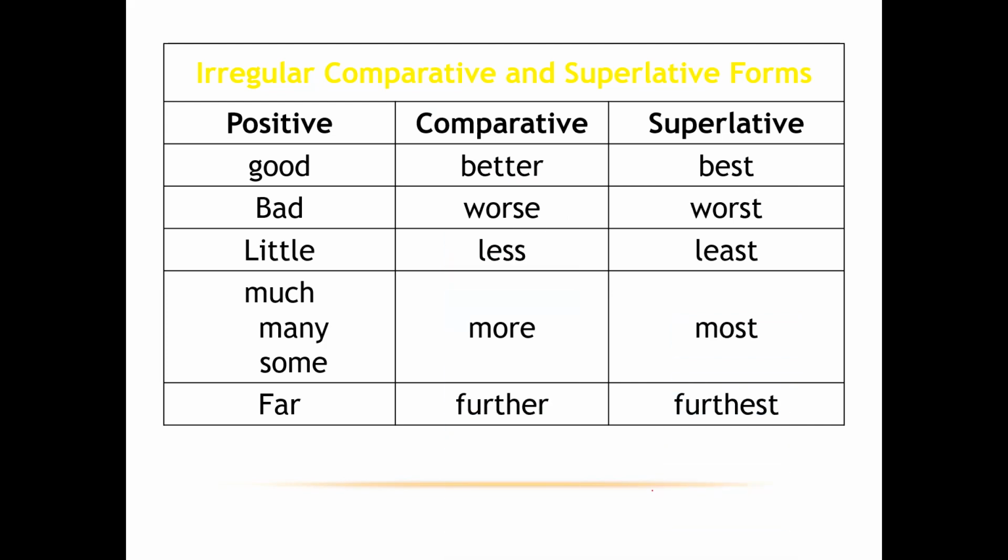Okay, there you go. So these are what you call irregular comparative and superlative forms, meaning you can't just change the spelling, you can't just add more or less. You have to really change the word because they have a specific form, okay?